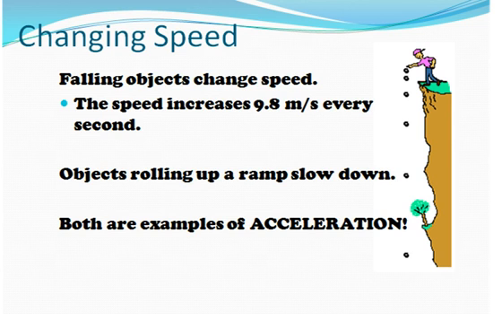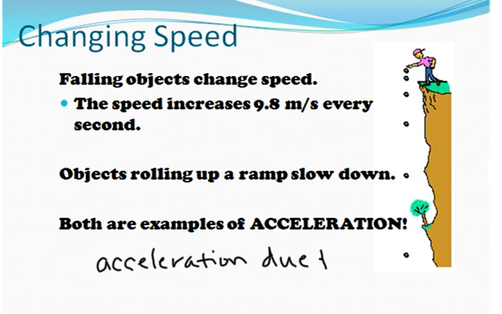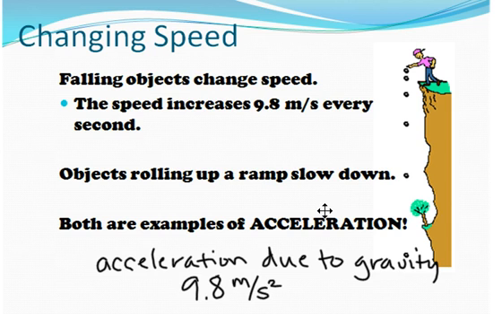Okay, here's another example of changing speed: falling objects. Falling objects keep changing their speed. They keep accelerating. For every second, they go 9.8 meters per second faster. So quite often, the value of acceleration for a falling object is called acceleration due to gravity, and we give this value 9.8 meters per second squared.